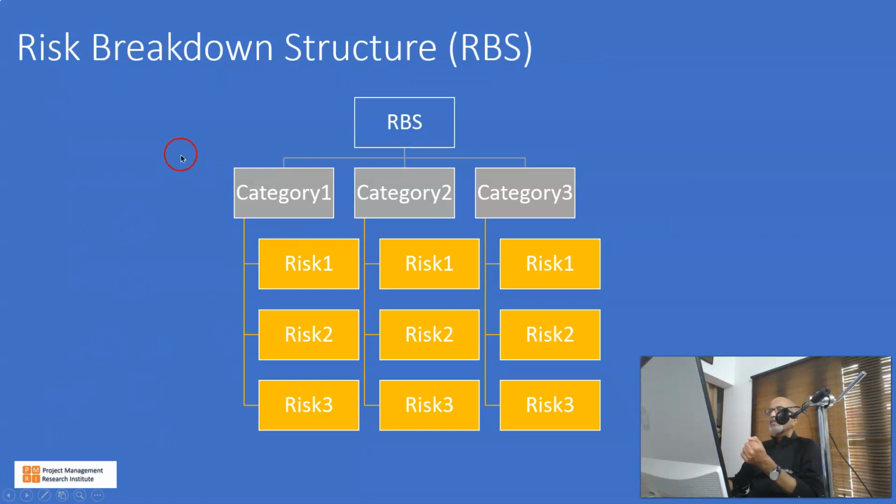Here is an example of a risk breakdown structure. The short form is RBS. So risk can be categorized into multiple categories, maybe positive risk, negative risk, or it can be direct risk, indirect risk, or it can be internal risk, external risk. Or this can be engineering phase wise. It can be requirements related risk, design related risk, construction related risk.